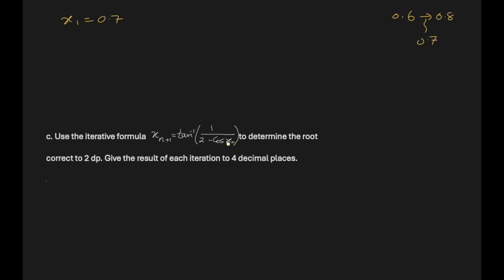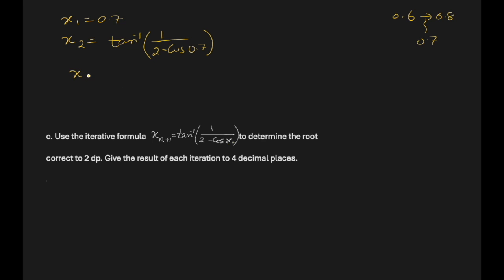Then x2 will be tan inverse 1 over 2 minus cos 0.7. So I substituted x1 in here, so I got x2. For x3, I will substitute whatever answer I get here. I'm fast forwarding this video so that you understand what I'm trying to say.